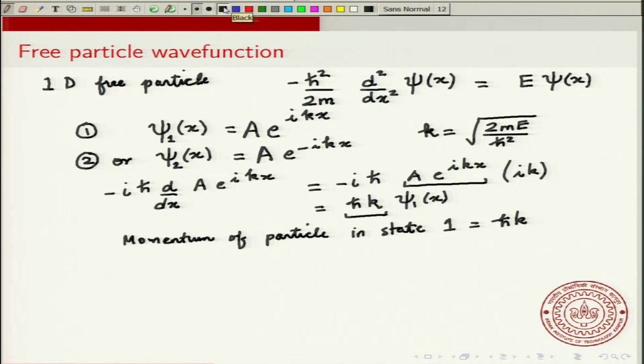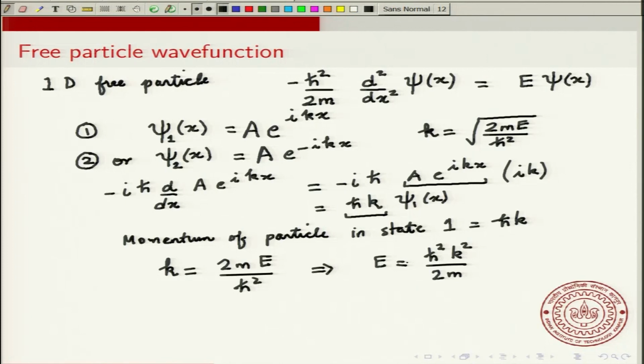We have k equal to the square root of 2 m E by h cross square, which implies E is equal to h cross square k square by 2 m. So the energy of the particle is h cross square k square by 2 m, and since it is a free particle, there is no quantization.